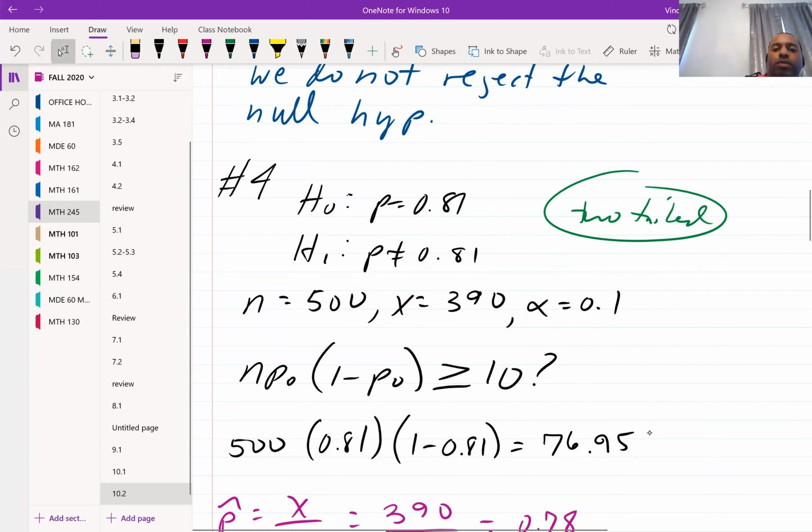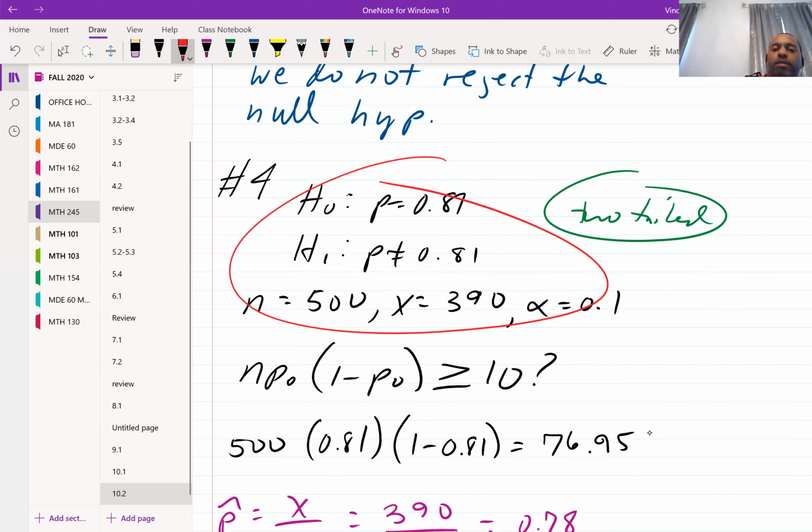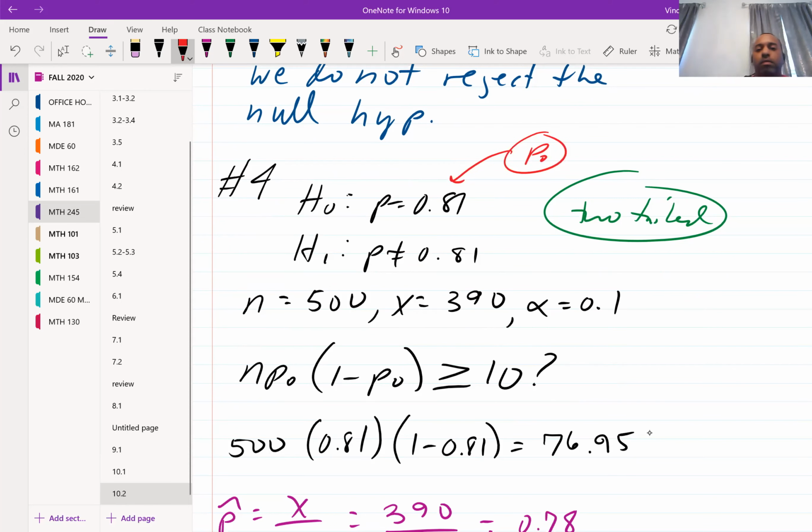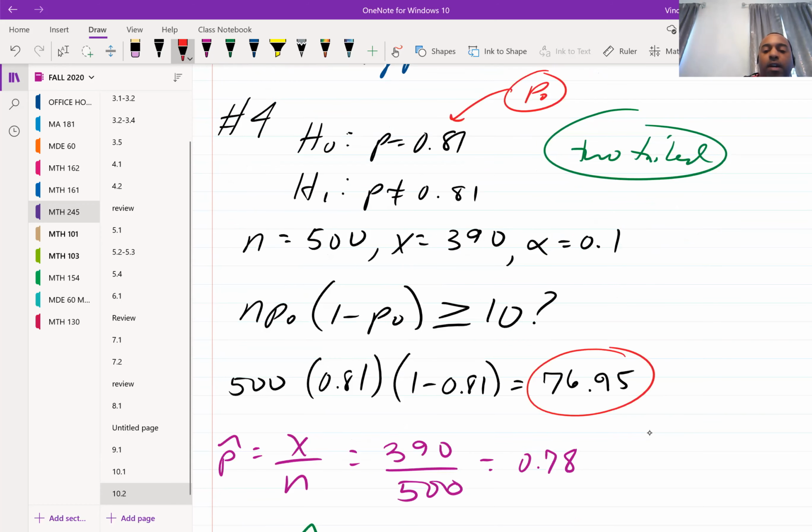So this was the initial set of information that they gave us. And this is what we want to establish. Remember that this is always your P naught. So we do 500 times 0.81 times 1 minus 0.81. And that gave me 76.95.